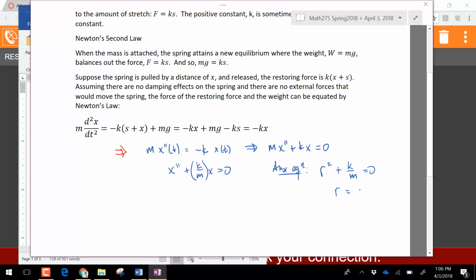When you take the square root of it, you get plus or minus the square root of k over m, and because it's negative, you take the square root of negative 1. It's going to give you a pair of complex conjugates.